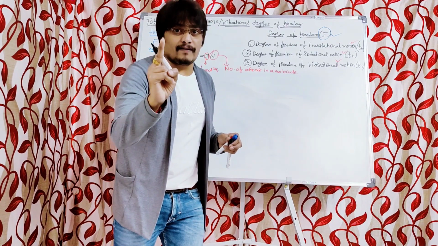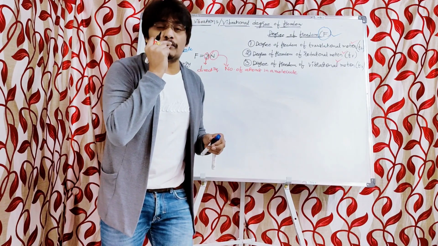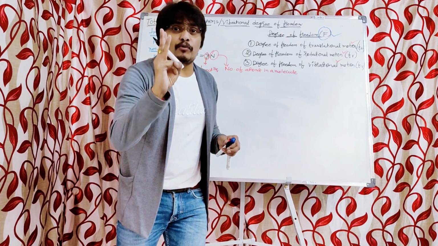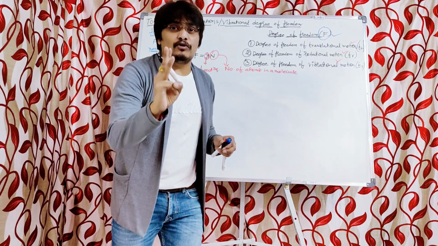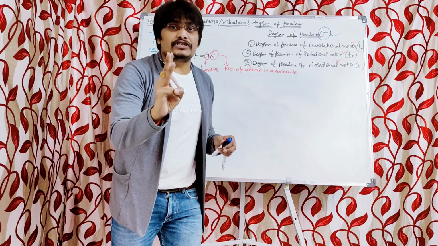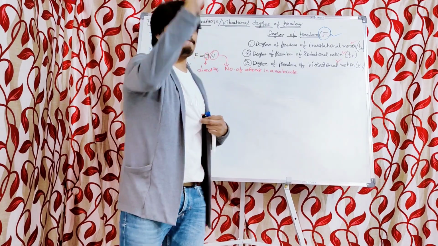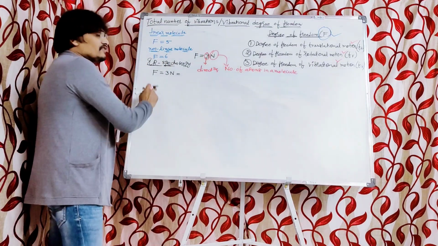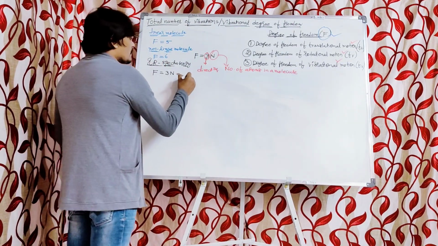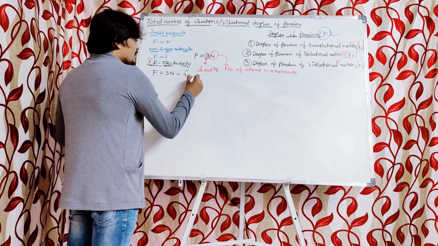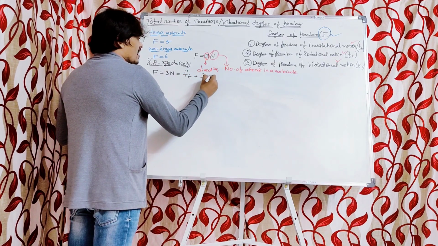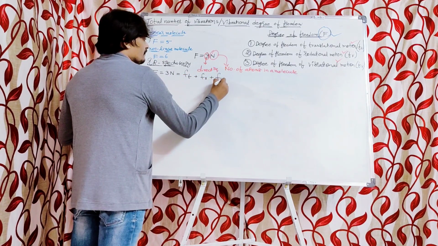But whenever we supply heat to the molecule, 3 motions are possible: translational, rotational, and vibrational. F equals 3n equals Ft plus Fr plus Fv.